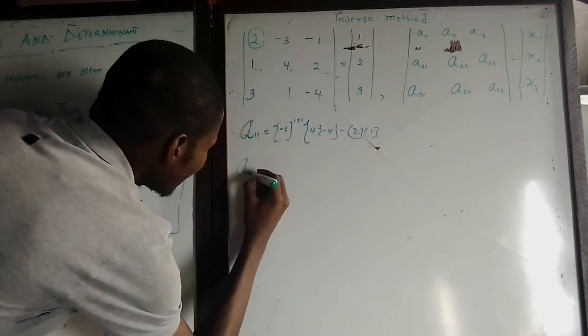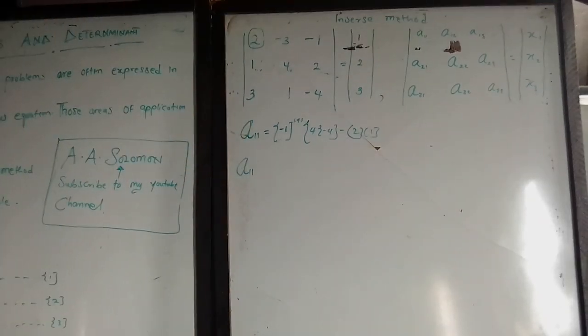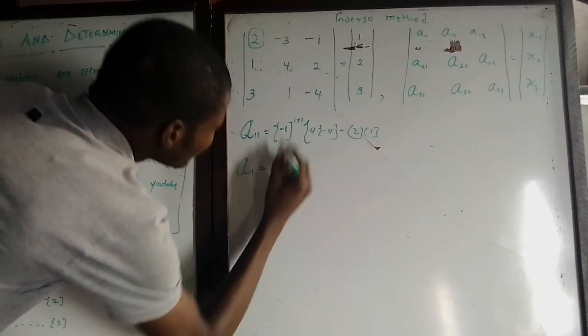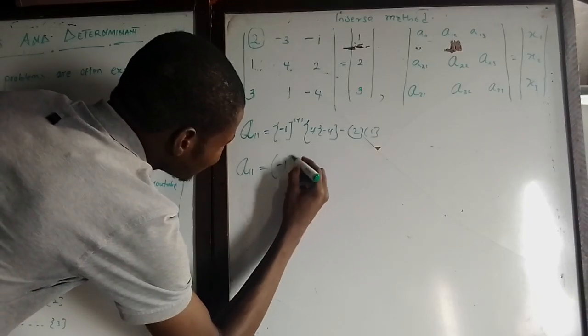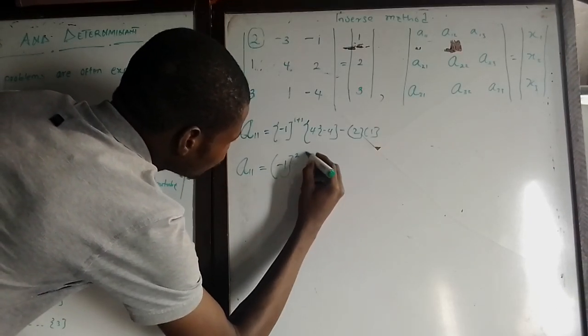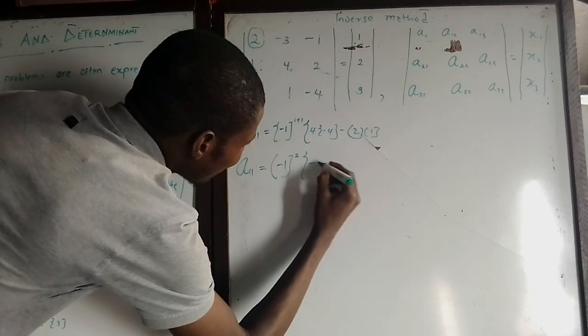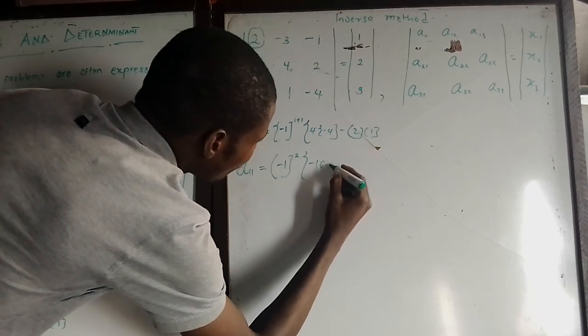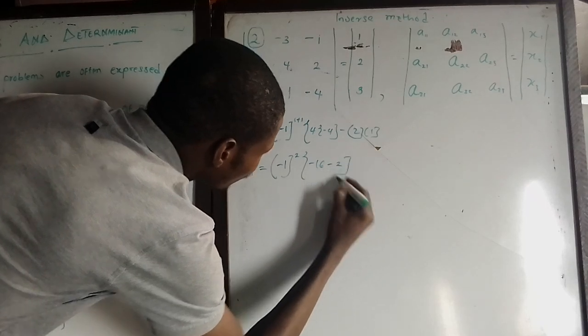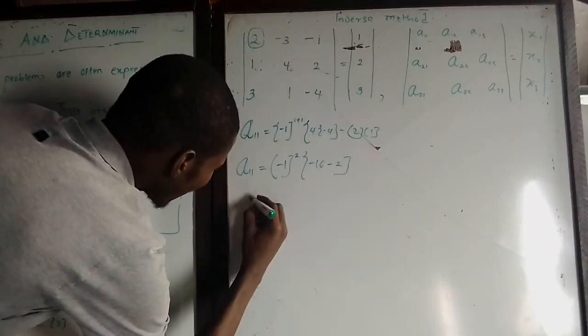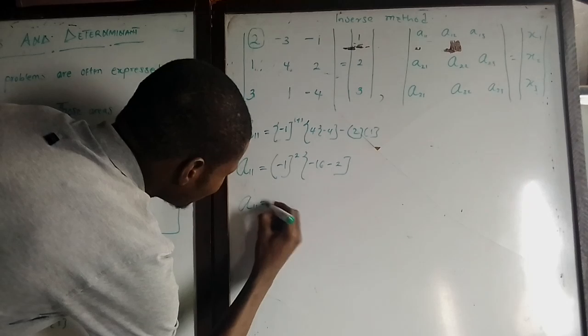So you are going to have A11 equals 1 plus 1 is what? 2. So you are going to have minus 1 raised to power 2, open bracket, minus 16, minus 2 times 1 is what? Minus 2. You close your bracket. So A11 equals what?